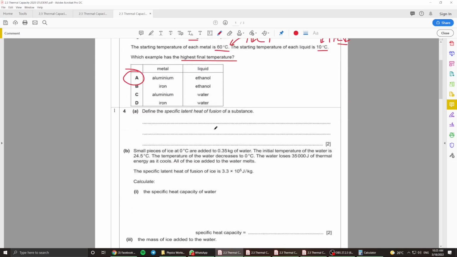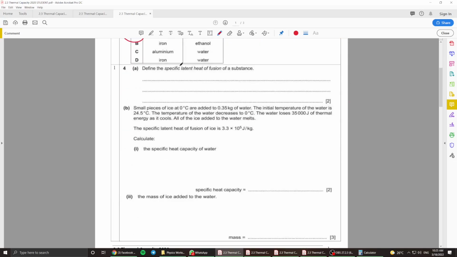Alright, then moving on to the next part, define the specific latent heat of fusion, and you'll see that it's 2 marks. Latent heat of fusion, Q is equal to MLF, so LF will be basically Q over M. It is the amount of energy needed to change 1 kg of a substance from solid to liquid without any change in temperature.